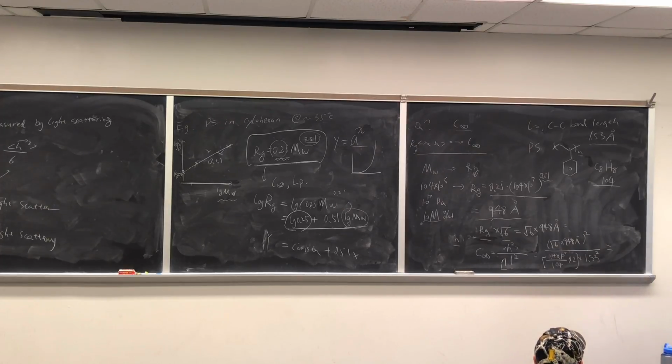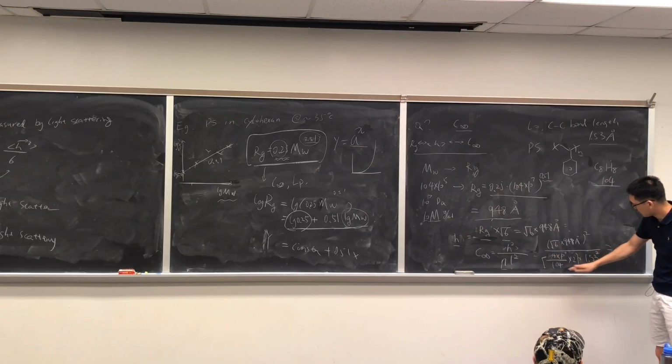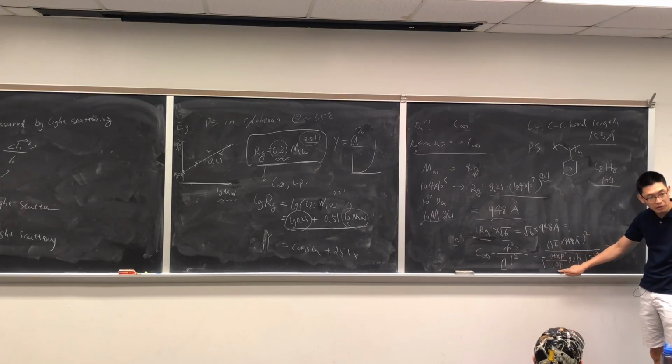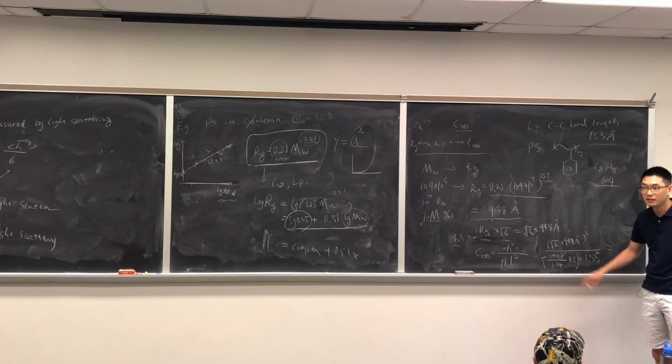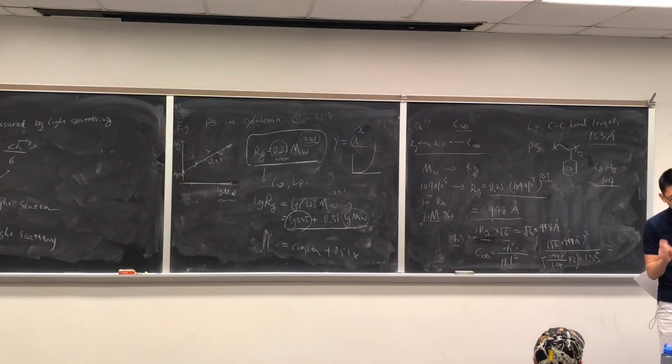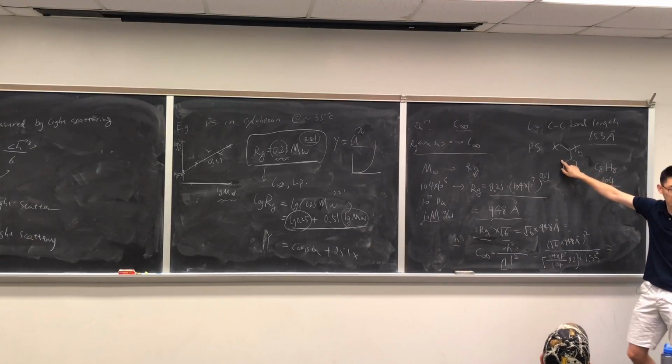I don't get why we're multiplying by 2, because I thought n was the number of repeating units, and if it was, wouldn't it just be the total molecular weight divided by monomer? If you use the molecular weight divided by monomer molecular weight, it's the degree of polymerization, or number of monomer units.